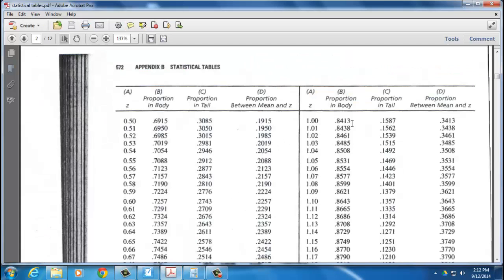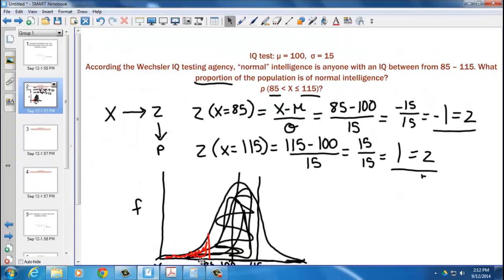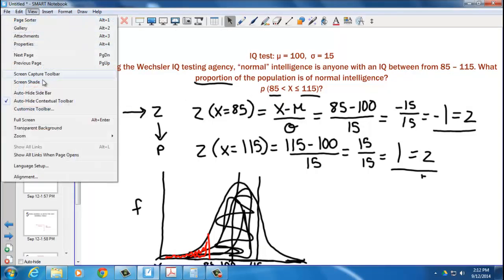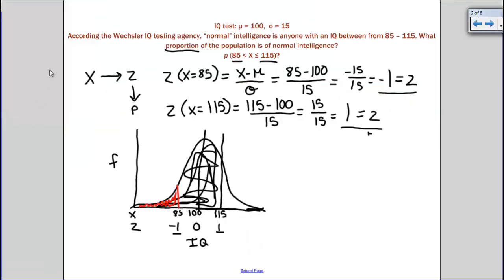1, body, 0.8413. And then remember, we're going to subtract the proportion in the tail here for a z-score of 1.